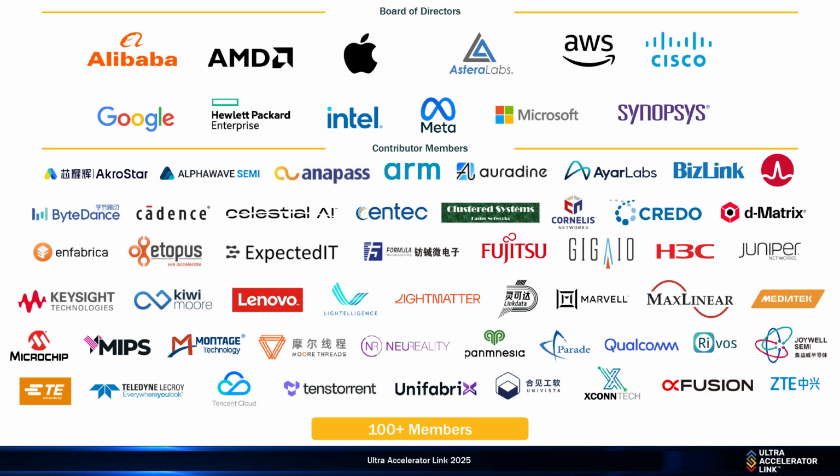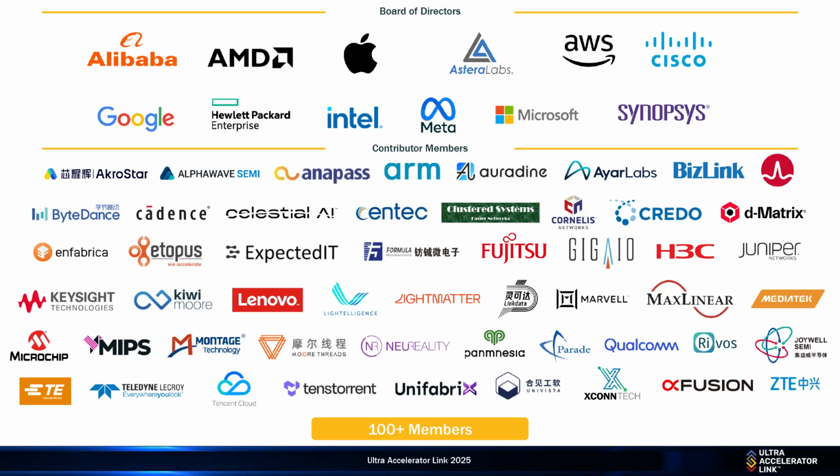We're an open industry standard controlled by a consortium with a 12-member board of directors. The companies involved in the board of directors are shown here at the top. This board represents leading hyperscalers, network and fabric providers, system providers, and silicon and IP providers. There's a very broad range of expertise, both from the use and the create side.